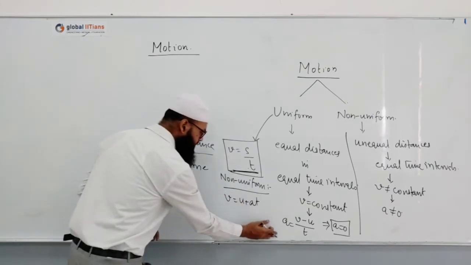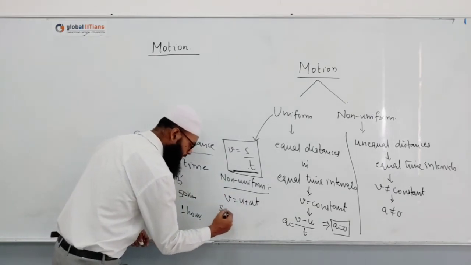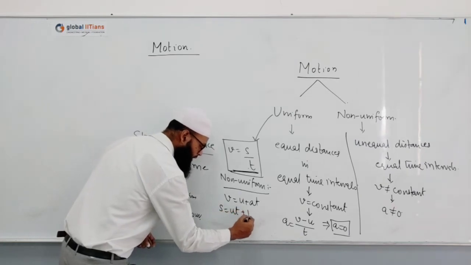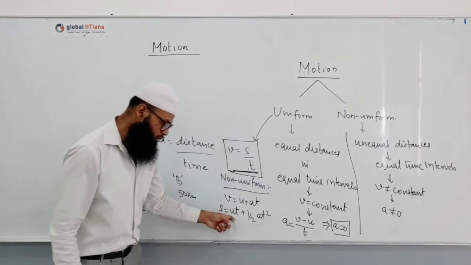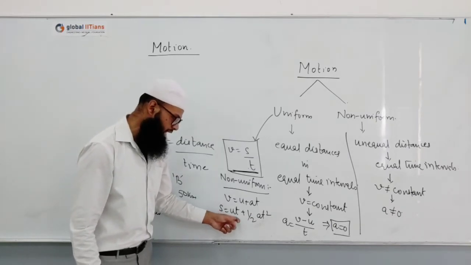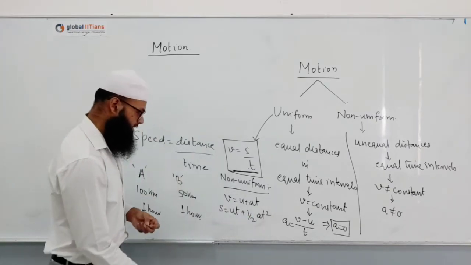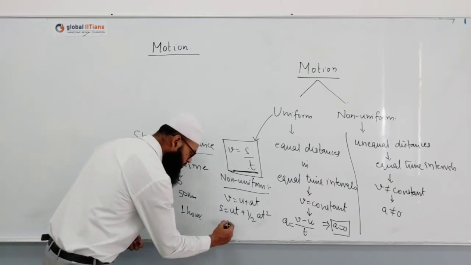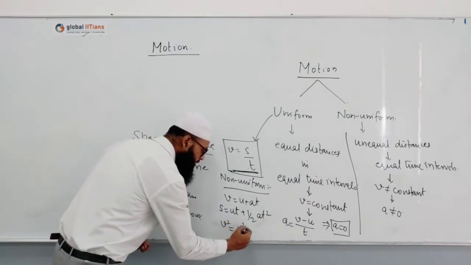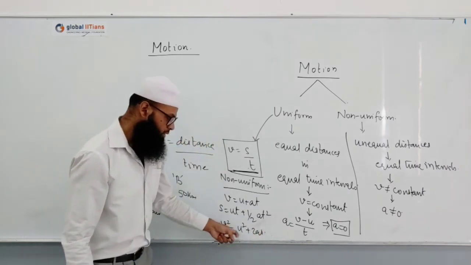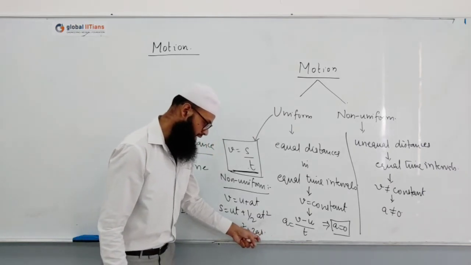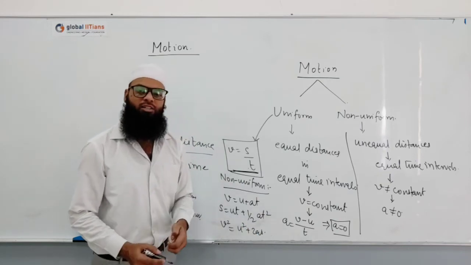For calculating distance, we can't use displacement; it is going to be s is equal to ut plus half at square, where s is the displacement, u is the initial velocity, t is the time, and a is the acceleration. And another equation that we can use is v square is equal to u square plus 2as, where v is the final velocity, u is the initial velocity, a is the acceleration, and s is the displacement.